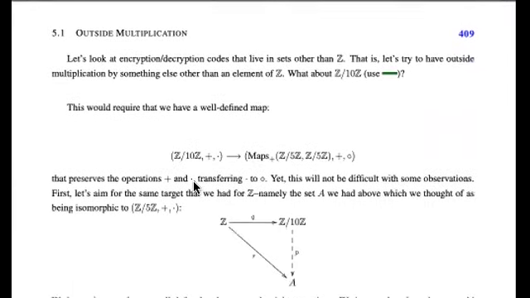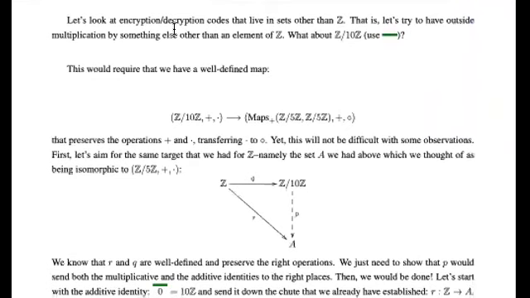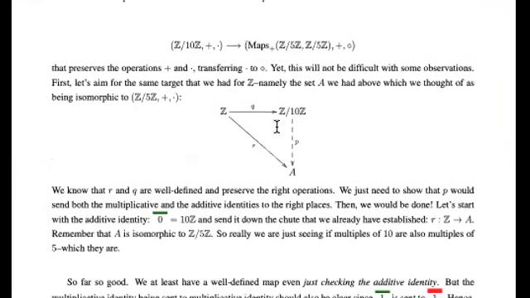But our outside multiplication or encryption decryption codes don't have to just live in Z. They could live somewhere else, like Z mod 10Z, for instance, if we're working with Z mod 5Z here as our group, and we're taking function actions that preserve that group operation. For starters, we already have an outside multiplication by Z itself, by the integers.